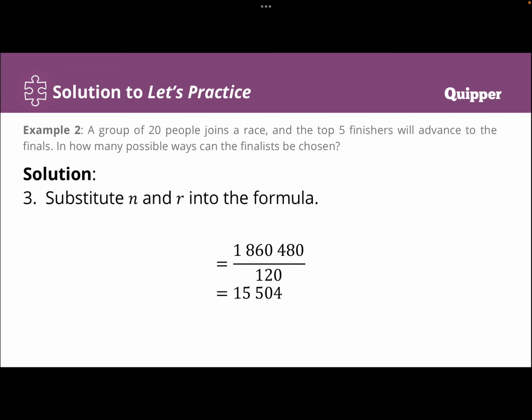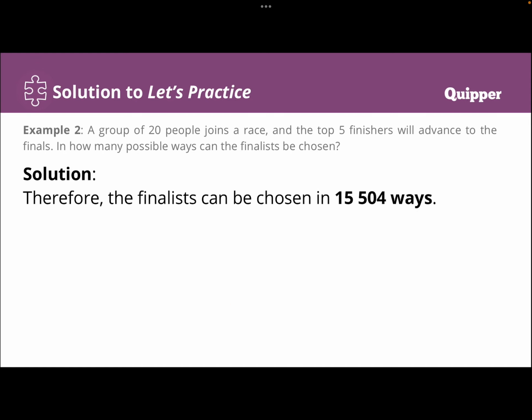We will get 1,860,480 divided by 120. If you divide that, the answer is: the combination of 20 objects taken 5 at a time is 15,504. Okay, so therefore, the finalists can be chosen in 15,504 ways.